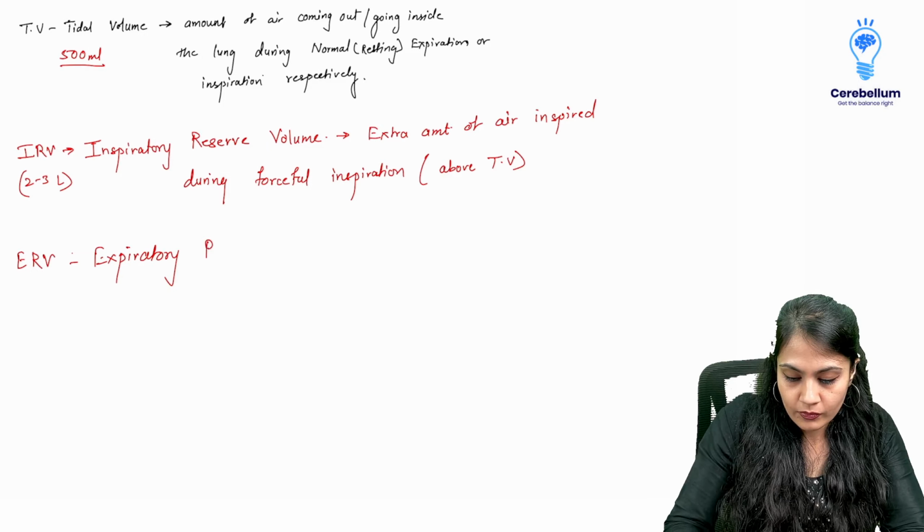Expiratory reserve volume. What is expiratory reserve volume? Please understand that when we talk in terms of expiratory reserve volume, again it is the same as inspiratory, just the reverse of it. That is the extra amount of air expired during the forceful expiration.